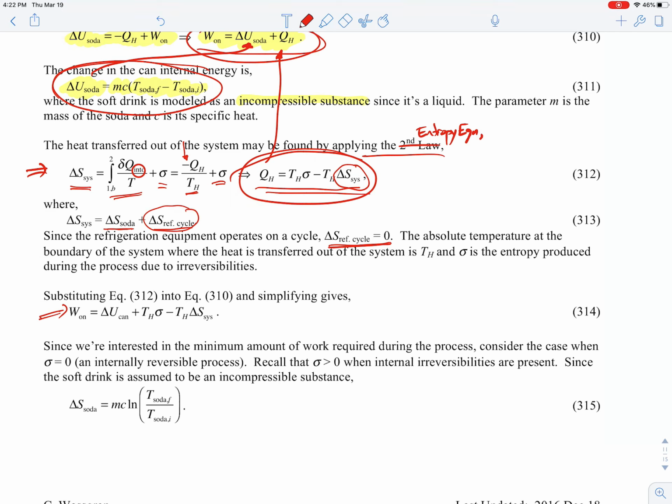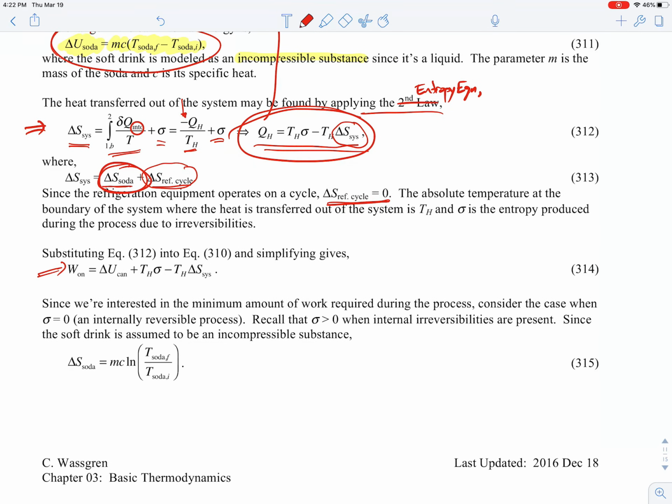As far as our change in entropy for the soda, we talked earlier in lecture 25 about how to find the change in entropy for incompressible substances. Again, we're going to assume that the soda is an incompressible substance. I'm also assuming that the specific heat remains constant with temperature.